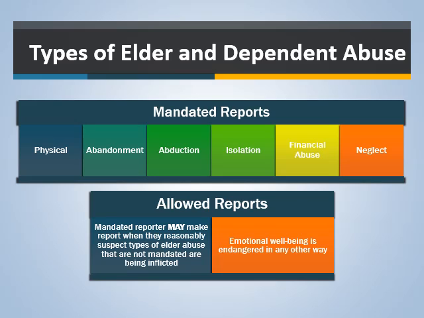Now, they may not constitute isolation if they're performed in accord with instructions from a physician or if there's a danger to the person's safety or property. Financial abuse happens with elders, and that's when you take the property of an elder wrongfully or defraud them. Neglect is when you're responsible and they're in your custody and you are not exercising the same degree of care another reasonable person would.